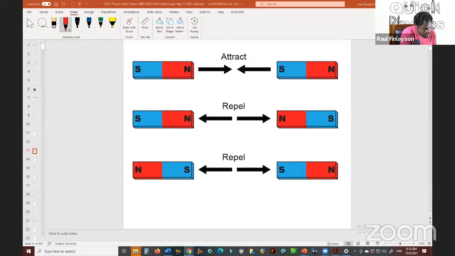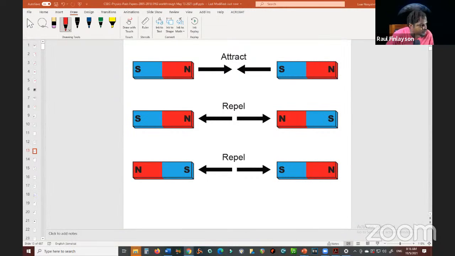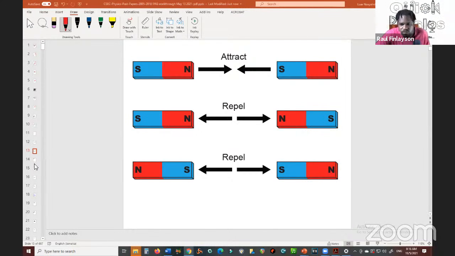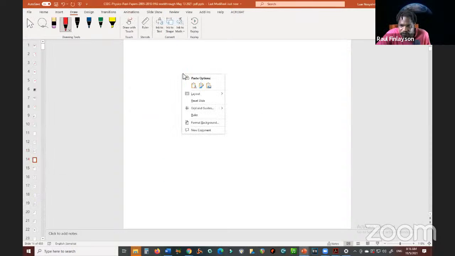All right. How does that apply to current? Well, let's show you this image. This is something that CSEC does constantly ask about.